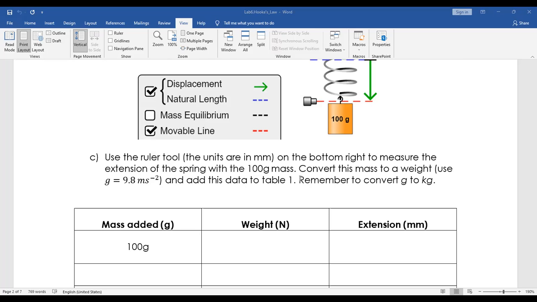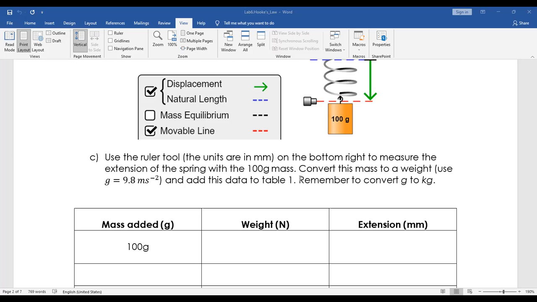Weight W is equal to mass times acceleration due to gravity. M is mass. In this case, we have to change the mass into kilograms. 100 gram is 0.1 kilogram. Then g, acceleration due to gravity, is 9.8 meters per second squared.